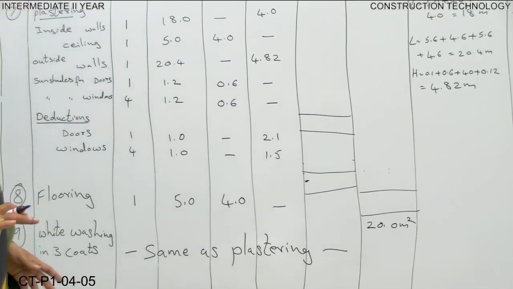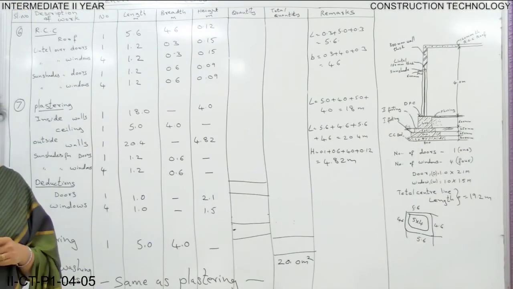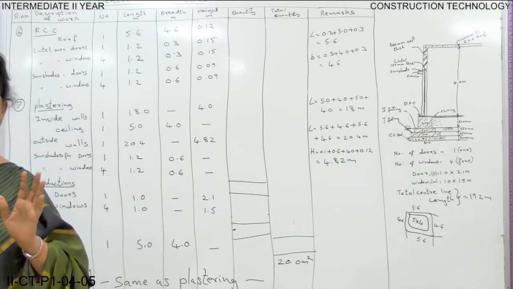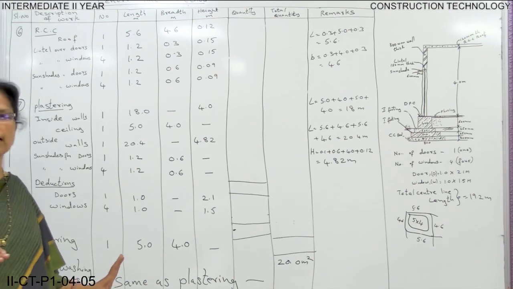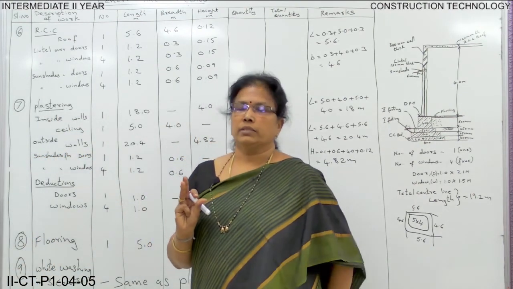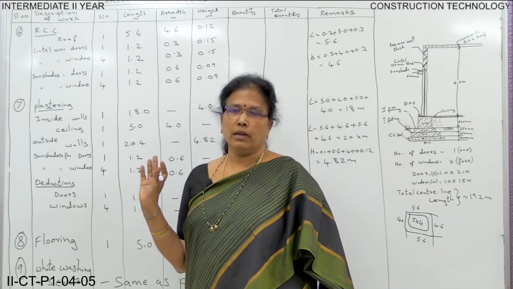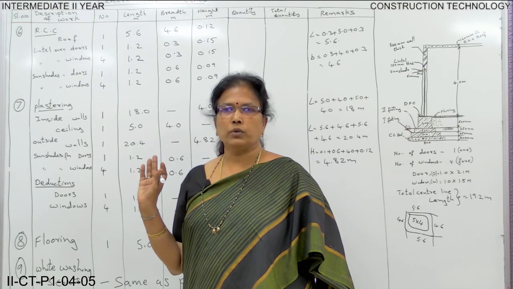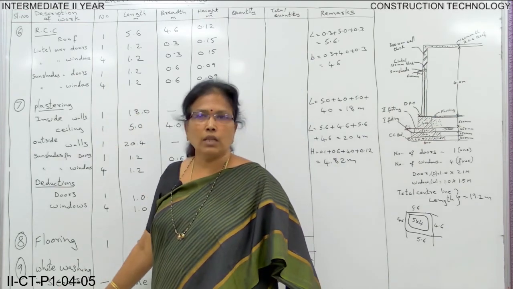Hope it's clear. Now you may be worried: this much lengthy problem, how can we complete? Here, just practice the 9 items perfectly. But in the exam, you will be given only 2 or 3 items. This will be coming as a long essay type question. This is a 6 marks problem. But they will not ask you all the items.